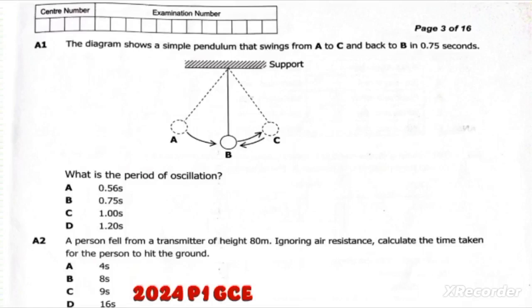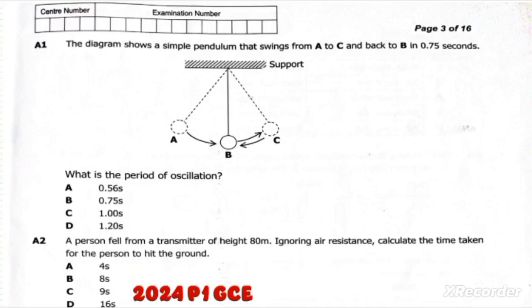This question is coming from 2024 paper 1 GCE, question A1. The diagram shows a simple pendulum that swings from A to C and back to B in 0.75 seconds. What is the period of oscillation?